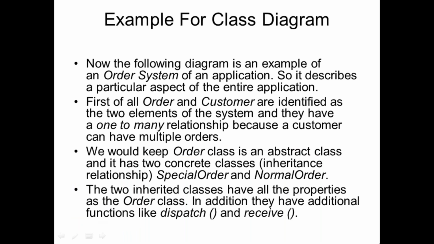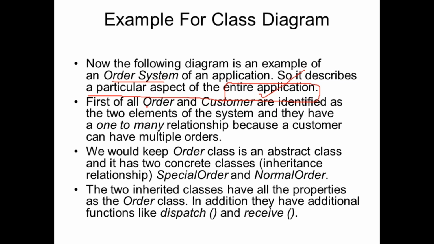Now, a simple explanation around the example that we have looked at. The following diagram is an example of an order system of an application. It describes a particular aspect of the entire application.